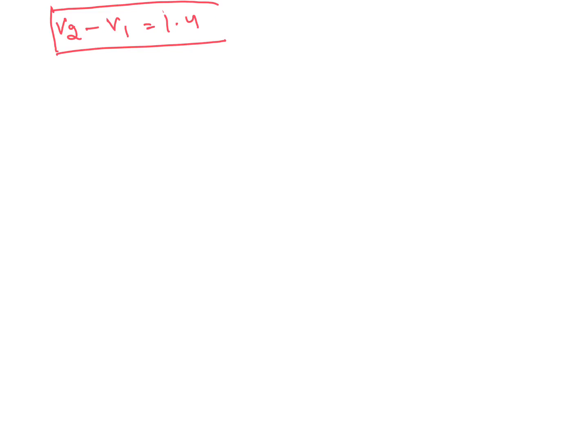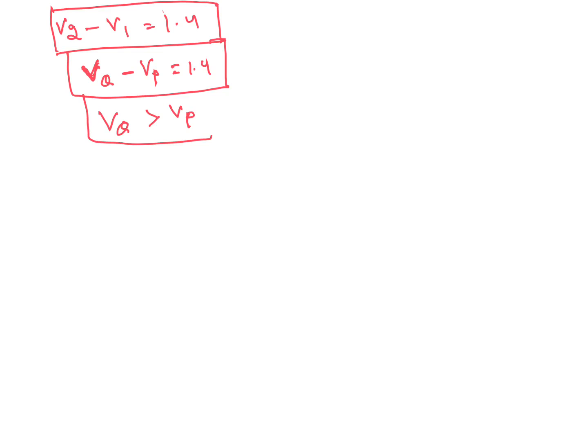V2 is the velocity of Q after separation and V1 is the velocity of P after separation, and here the velocity of Q is greater than the velocity of P. These two things we have to remember, and from the options again we have to check.